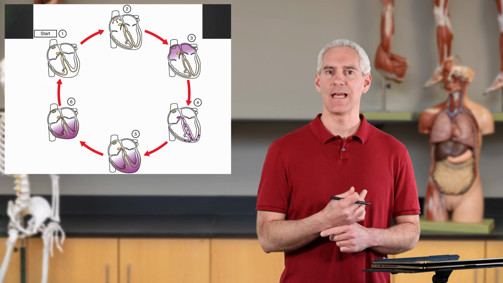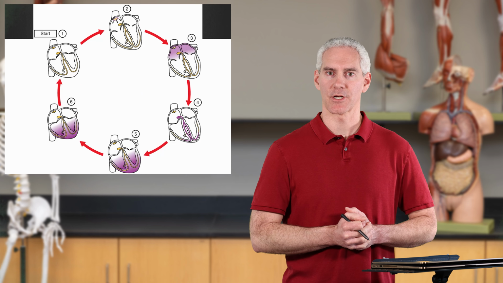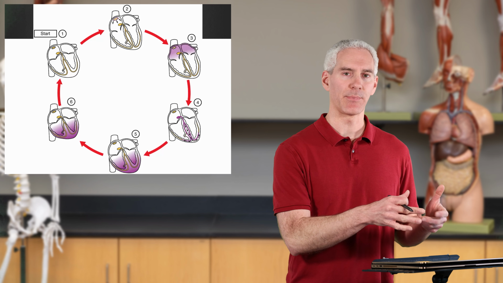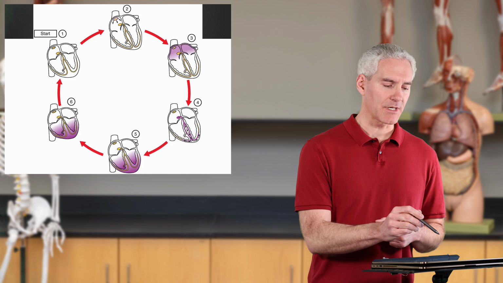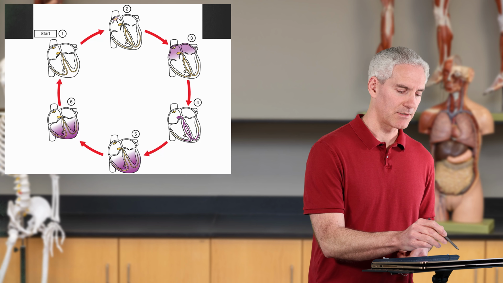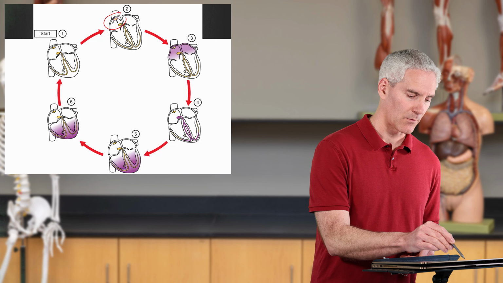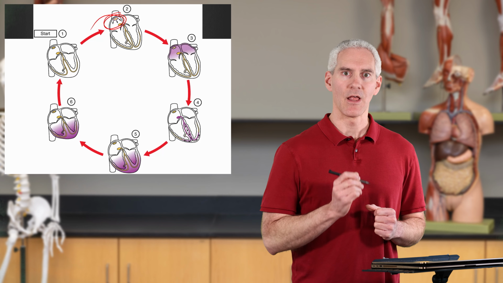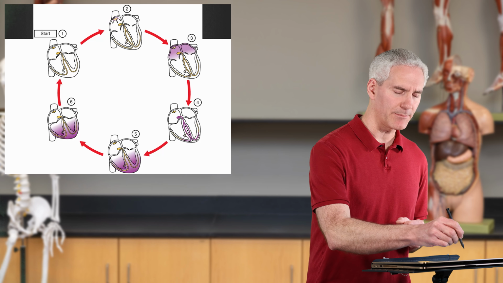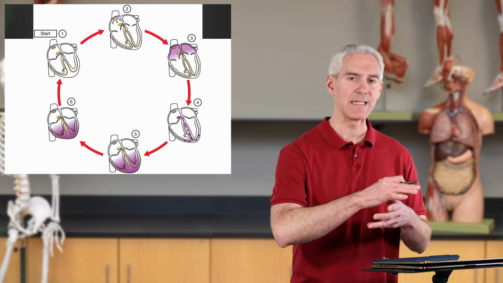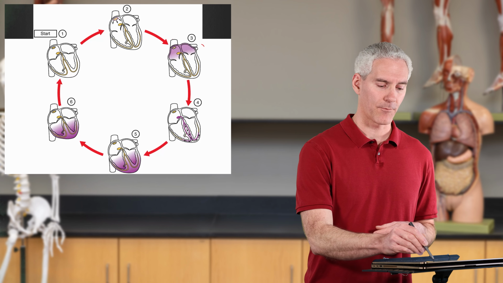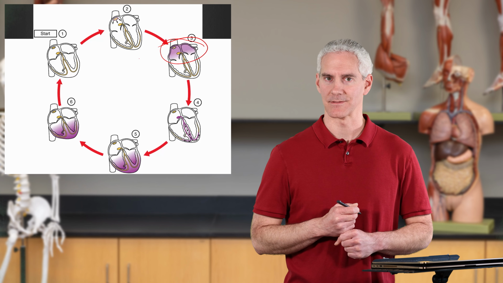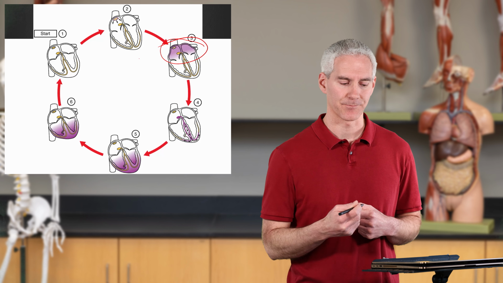So if we're looking at it as where is the depolarization occurring at different points, the purple here is showing depolarization. So you start off with the initial signal being sent off. We're up top here. You can see that we've depolarized, it's starting to spread. That is going to be just a little bit of purple around that area. It needs to spread out for the entire atria, both right and left. Again, they have to be together.